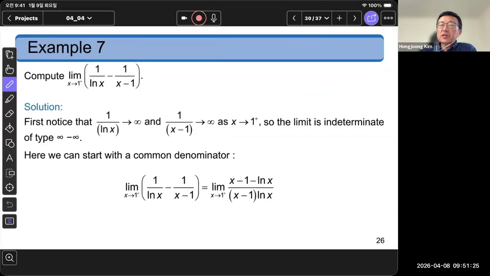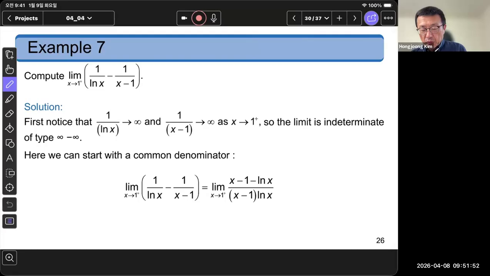So here is one example. Suppose that I have 1 over log x minus 1 over x minus 1 as x approaches 1 from the right. As x approaches 1 from the right, as we observed before, log x is approaching the value 0. x minus 1 also converges to 0. So their reciprocals are divergent.